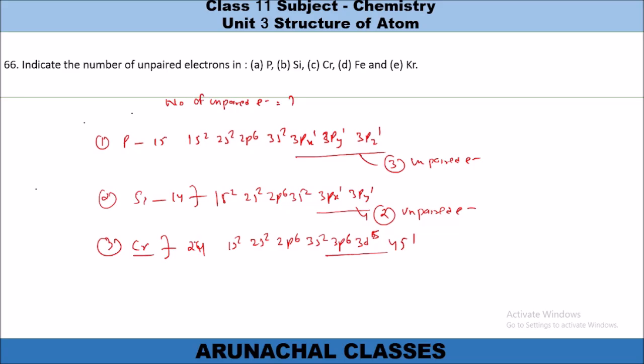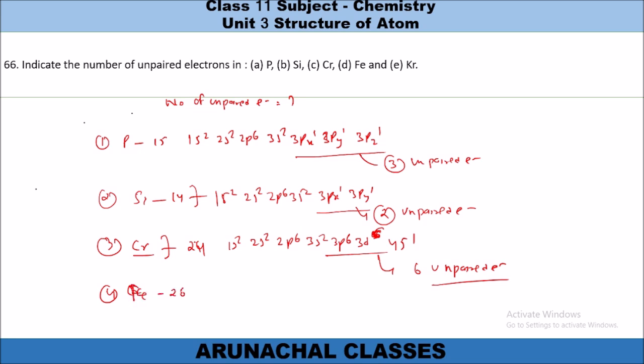So there are 5 unpaired electrons in 3d and 1 unpaired electron in 4s, so overall 6 unpaired electrons are present in 3d and 4s.